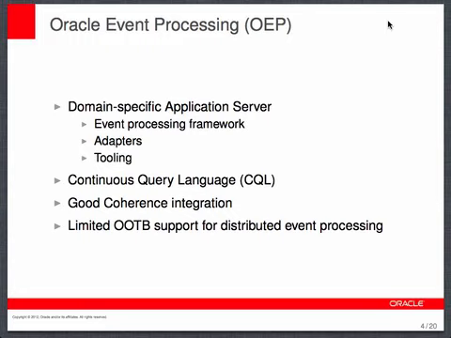And there's pretty good Coherence integration in the product out of the box. So as well as being Java and Spring based, the environment is an OSGi environment. So the applications that you deploy are OSGi bundles. So an OEP server is a JVM.